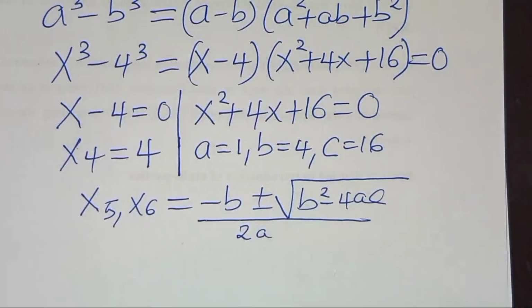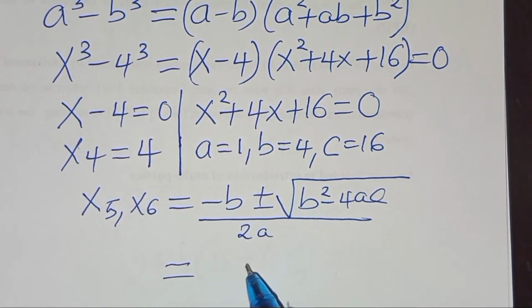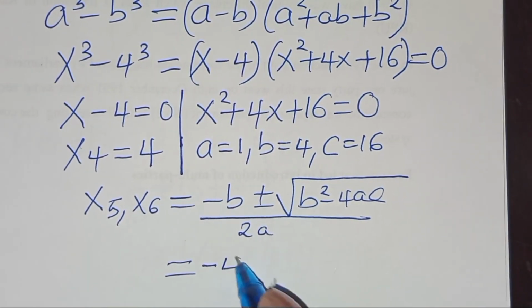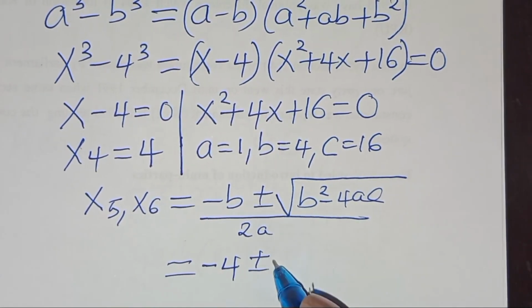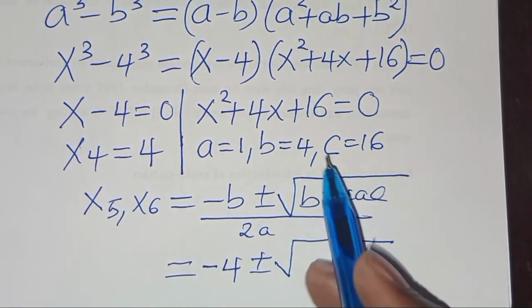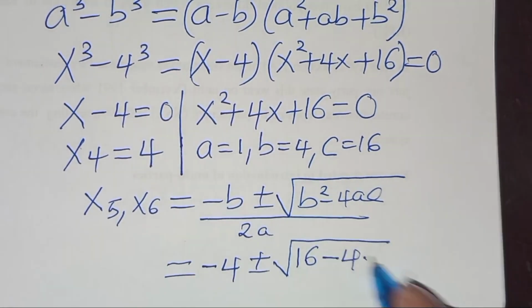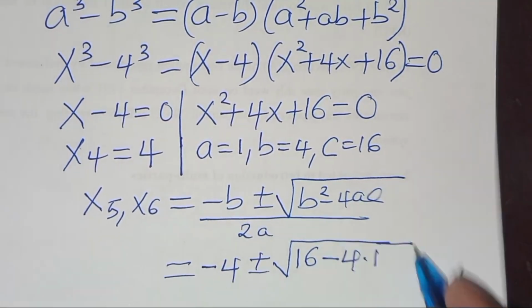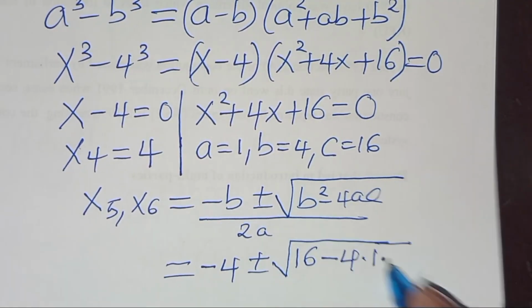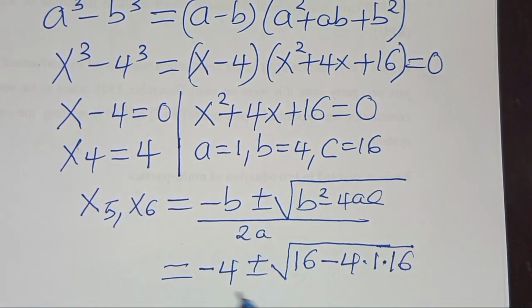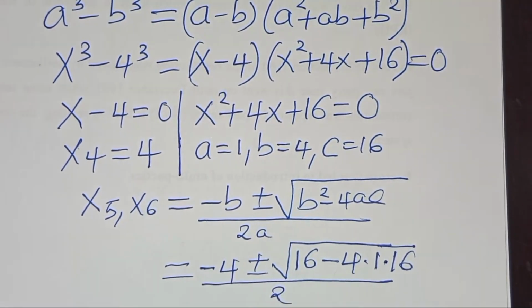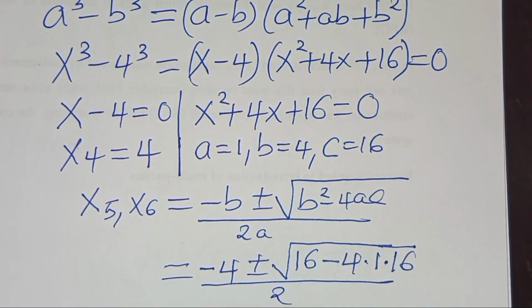So let's substitute this. We'll have here minus 4 plus or minus the square root of b squared, which is 4 squared, which is 16, subtract 4 times 1 times c, which is 16, divided by 2. So let's proceed.